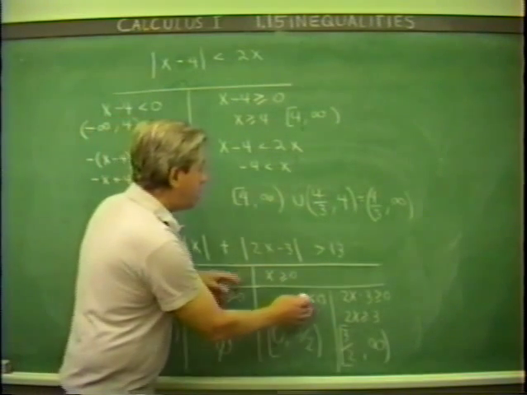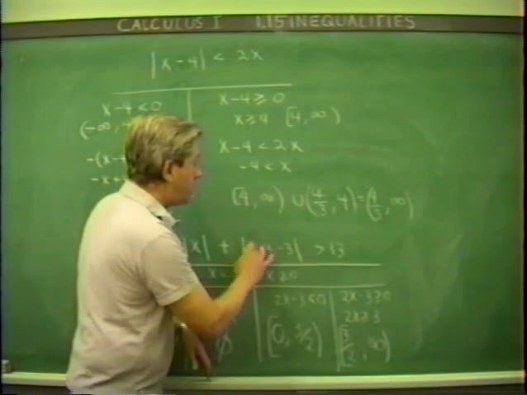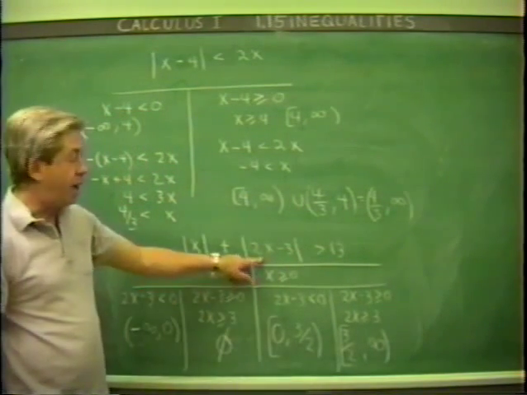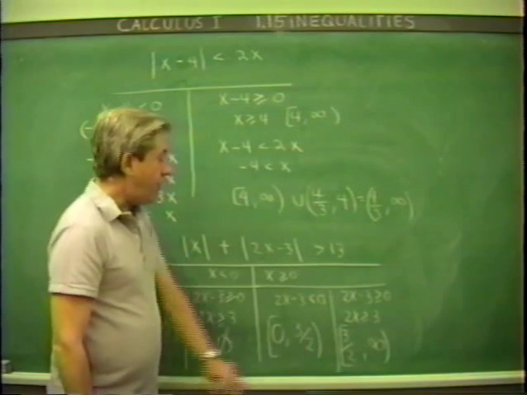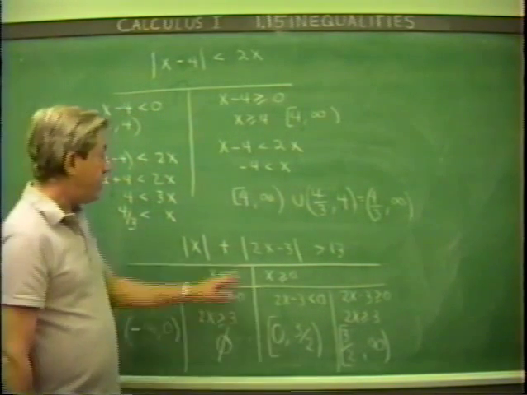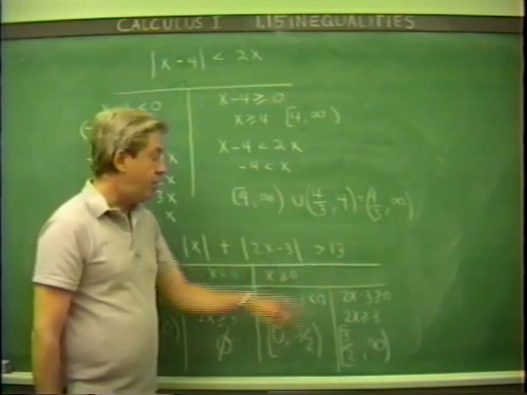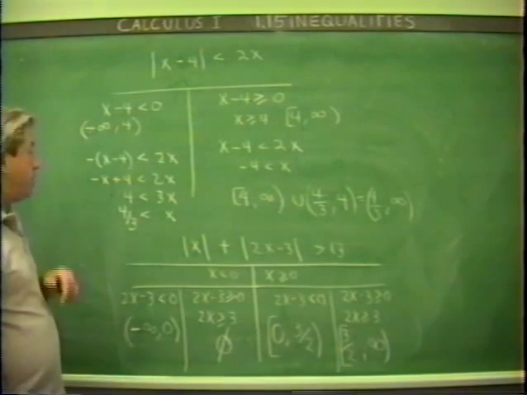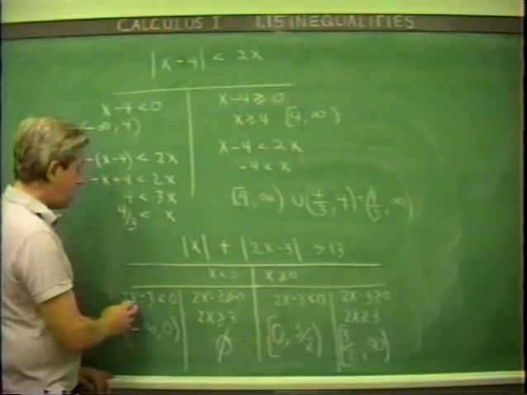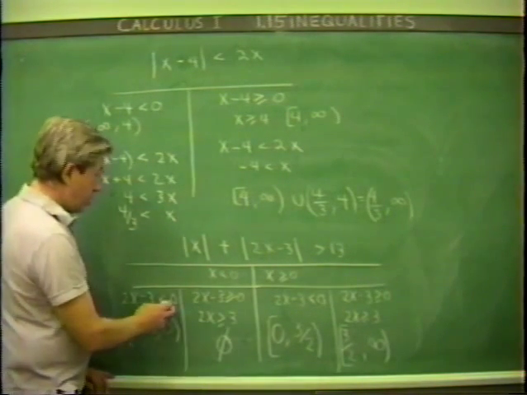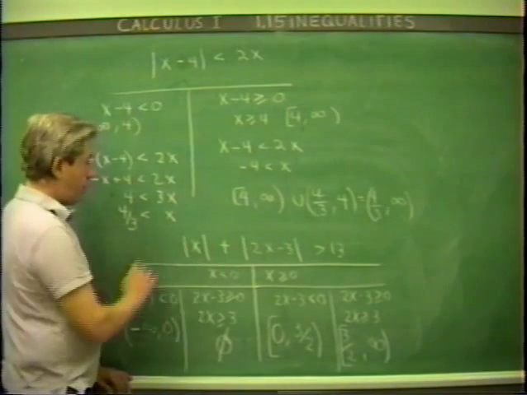Here, the same story holds, except x is greater than or equal to 0, so remove the absolute values there. 2x minus 3, however, is less than 0, so when you remove the absolute values, you have to replace this quantity by its negative, solve the resulting linear inequality, and find the solutions in this interval that are solutions to that resulting inequality.